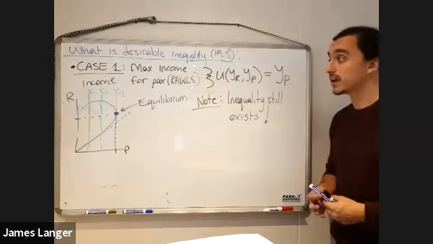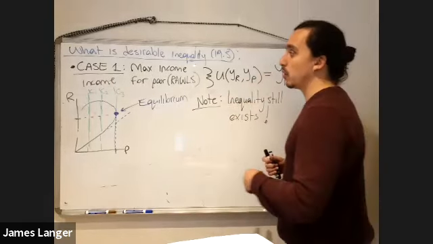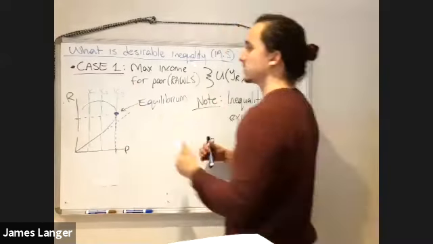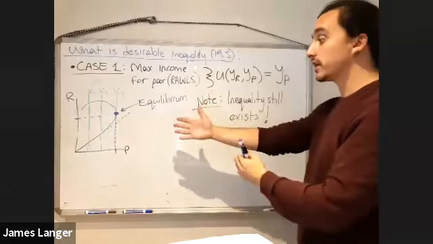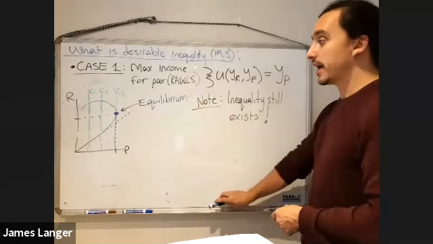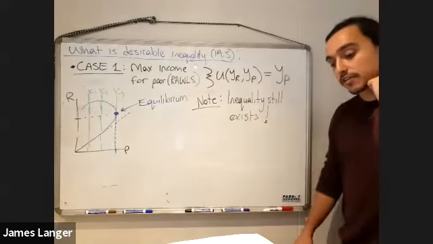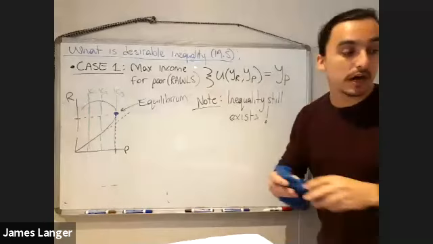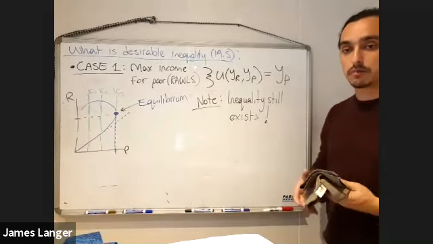In this case, where we maximize income for the poor, we're still going to allow for some economic inequality because it's at everyone's advantage. Okay? So if everyone's happy with that, give me a thumbs up, and I'm going to erase the board now.